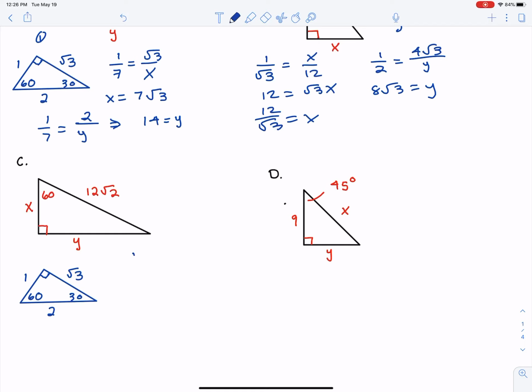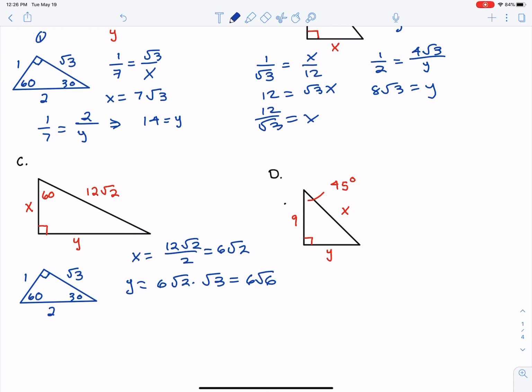So x has to equal the hypotenuse divided by 2, which equals 6 root 2. And then we know y has to be equal to the short side times root 3. So 6 times root 2 times root 3, which equals 6 root 6.